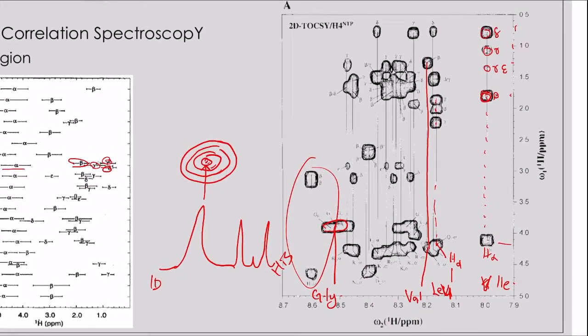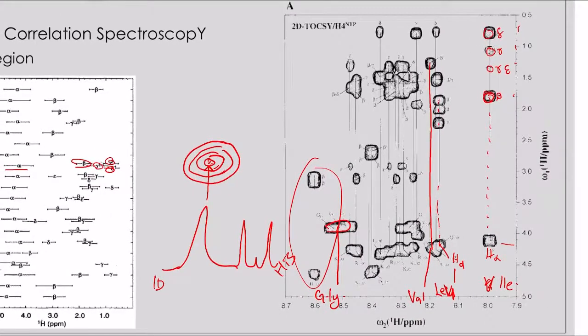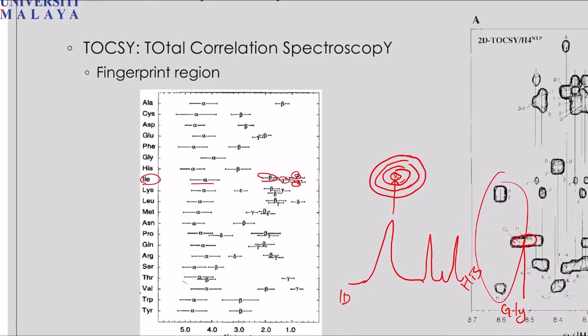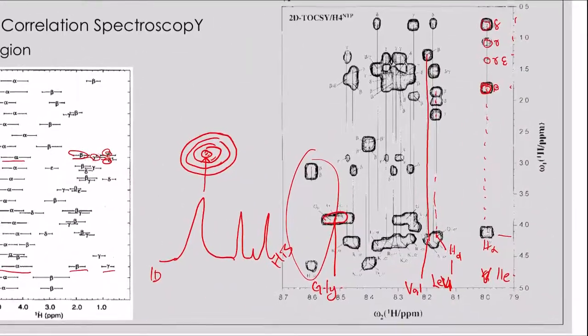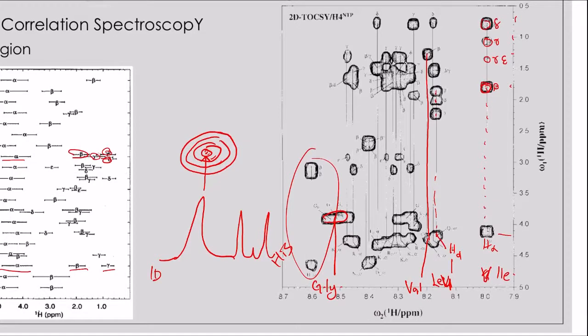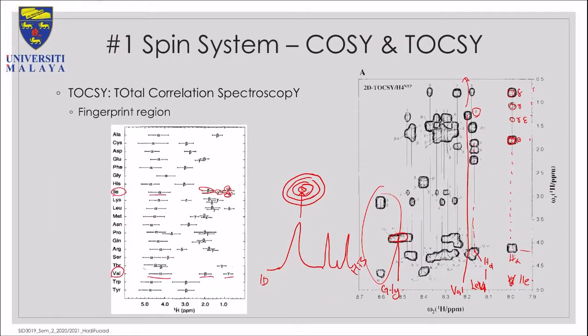Valine is down here. You have your alpha, and then beta and gamma straight away, but over here you don't see the other ones. Beta is observable, but gamma might be somewhere at the top. So this is an example of how you identify the amino acid using TOCSY.